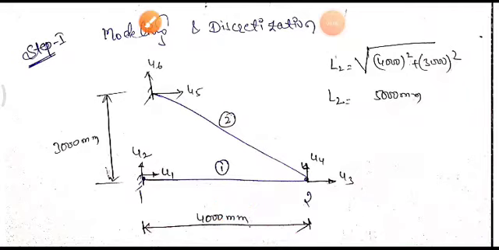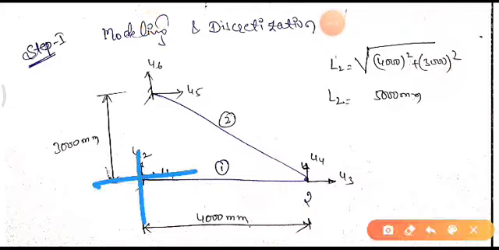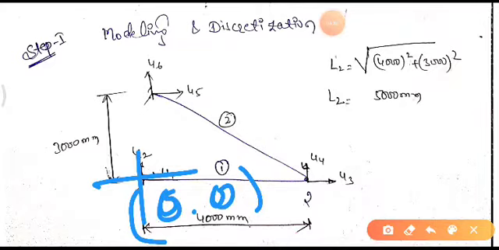Once we do this basic modeling, the next step is to calculate the nodal data, or nodal connectivity data. Here we take node 1 as the reference for the coordinates. We represent it as 0, 0, meaning node 1 is at the reference position, where along the x-axis it is 0 and along the y-axis it is 0.